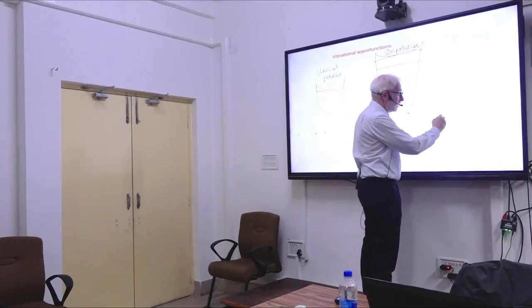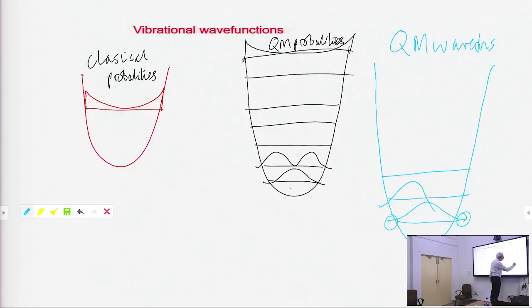The first excited state has to be orthogonal to the ground state. So it has a node in the middle. So these two bits are symmetric, or anti-symmetric, should I say. They're the same, but different sign. And if you take the overlap with that, you get 0.